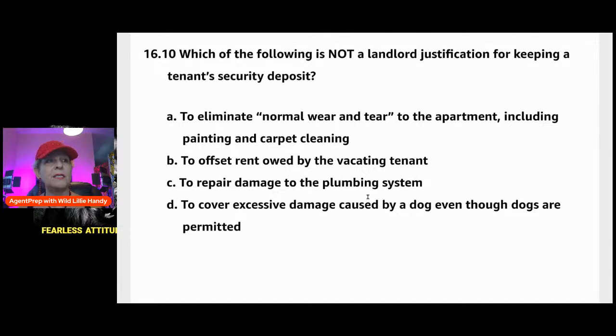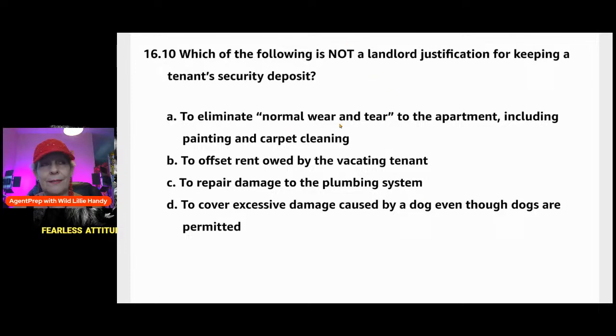So which one is not a landlord justification? It is not B. Take another attempt at it. No. And it is not C. You can use the security deposit for those things. Okay. So which one is not?